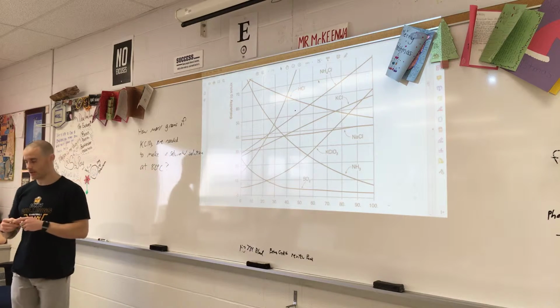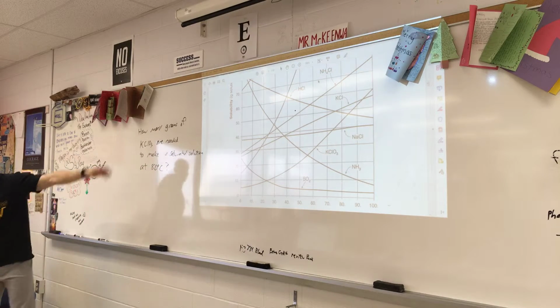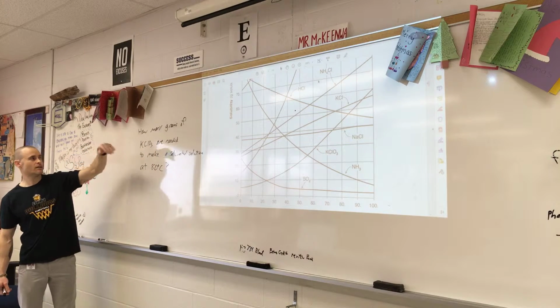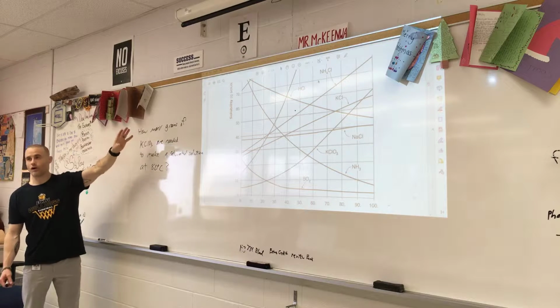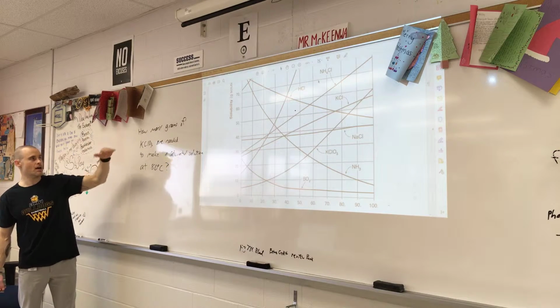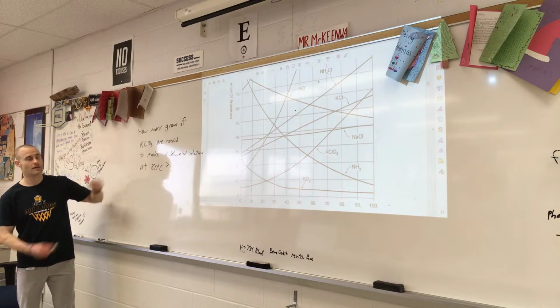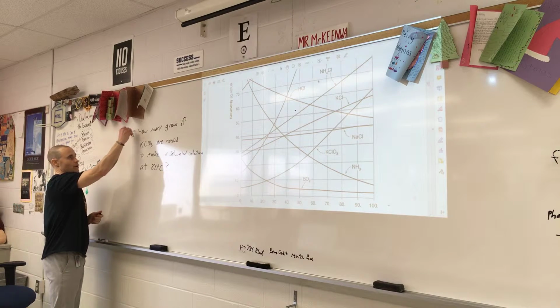Again, we're using table G. I left off some information. On a Regents, it would say, according to reference table G, how many grams of KClO3 are needed to make a saturated solution at 80 degrees? And that's kind of like part A.